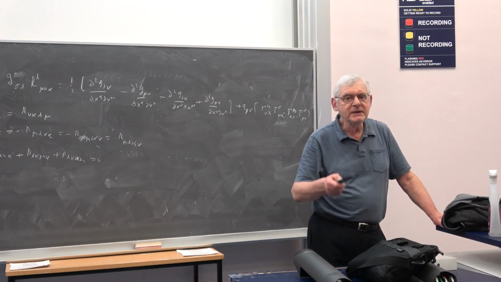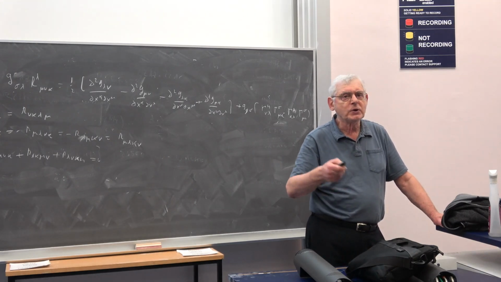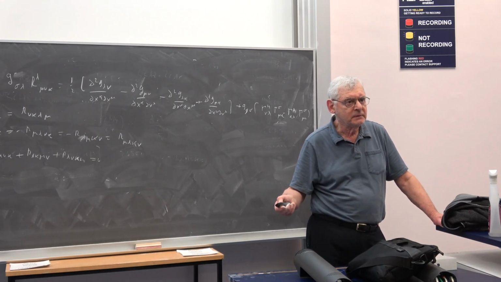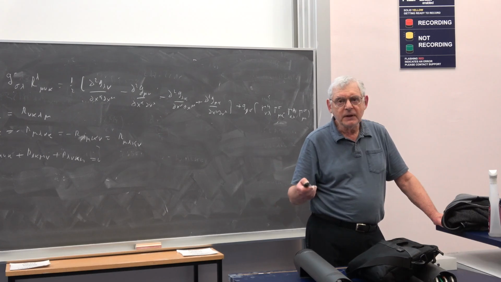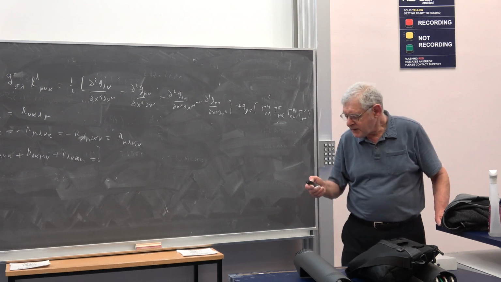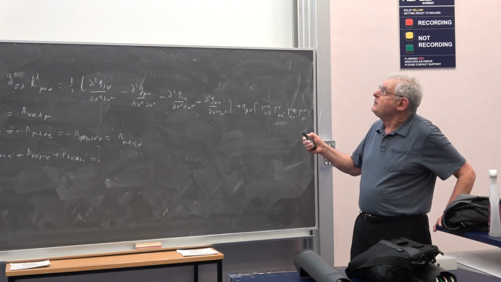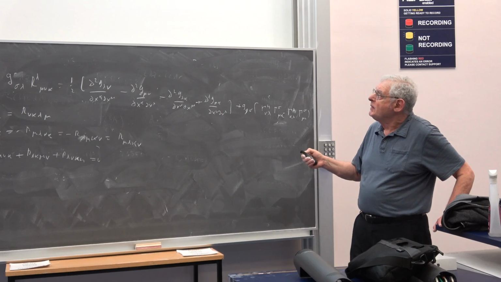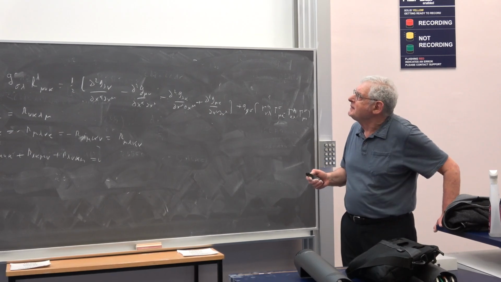The Weyl tensor is the object for which all those derivatives drop out, just like F mu nu is independent of the gauge transformation. It also has a second property: if the Weyl tensor vanishes, the geometry is conformal to flat.